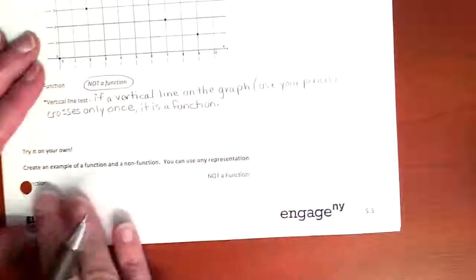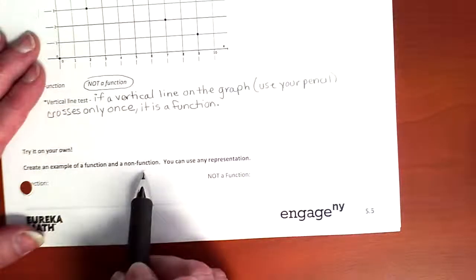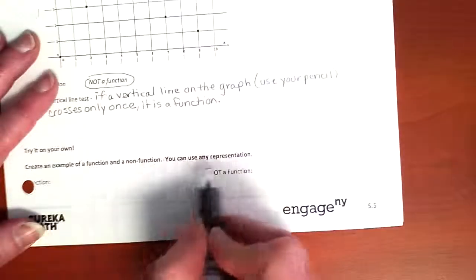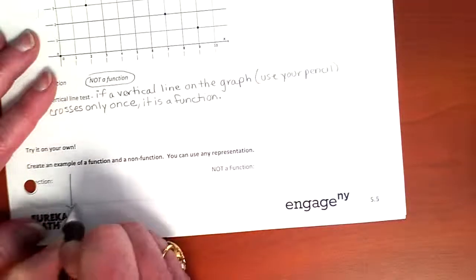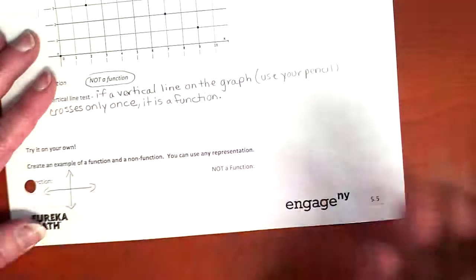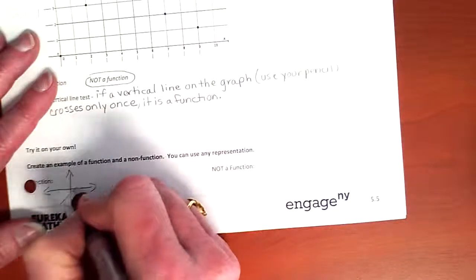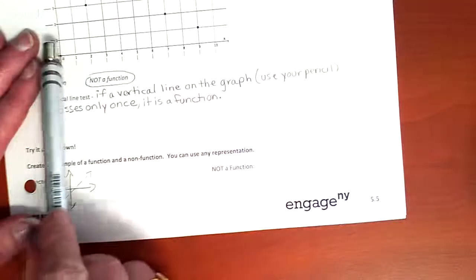So here, I can use any representation to create an example of a function and a non-function. If I want to use a graph, I can simply draw any graph I want as long as it passes that vertical line test.